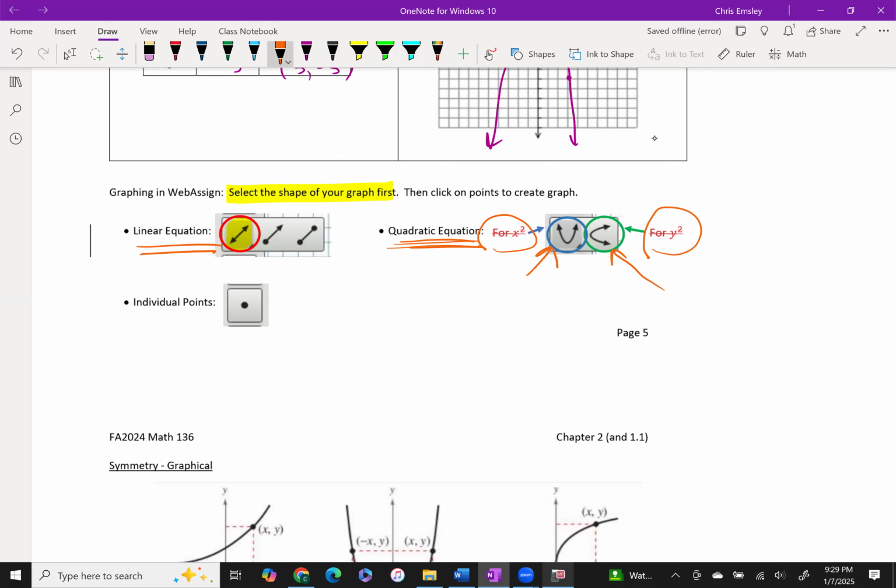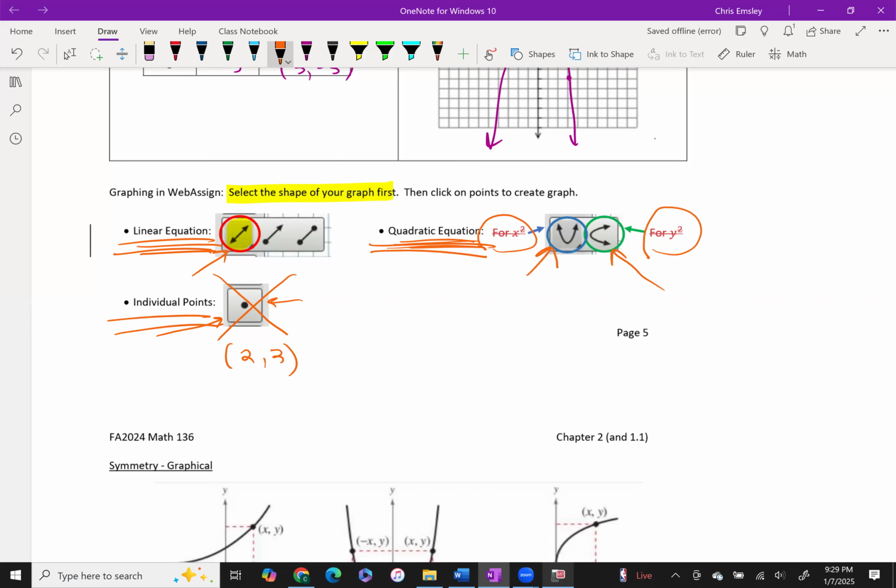Now, if you are asked to plot an individual point, like the point 2, 3, then you will use this point tool. If you are clicking on points that will draw a straight line, do not use this point tool, use the straight line. So: straight line, quadratic equation, points only.